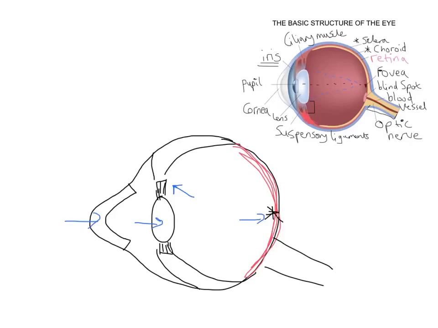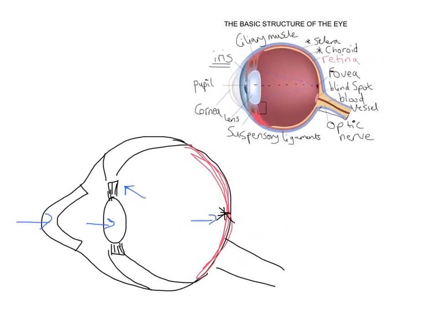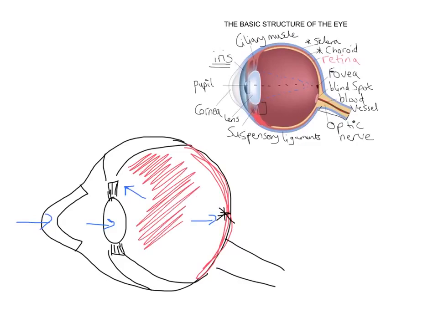Just one thing to mention also, I haven't spoken about it on the main diagram or on this one, but you'll notice on the main picture at the top, there's this whole region here coloured in red. Now you don't often get asked about that, but that is actually an area filled with fluid.